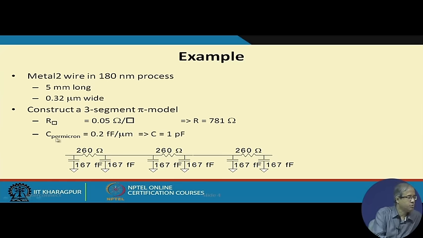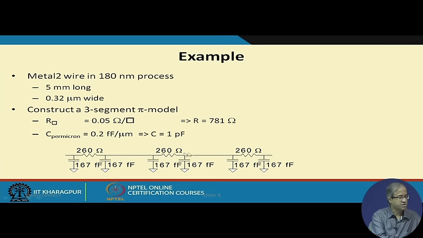Also, the per micron capacitance for this metal 2 wire is about 0.2 femtofarad per micrometer. Because the wire is 5 mm long, which means 5000 micrometer, if you multiply, it becomes 1 picofarad. In a 3 segment pi, there are 3 resistances, 781 divided by 3 is about 260.